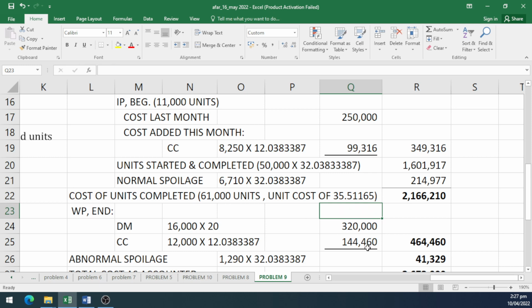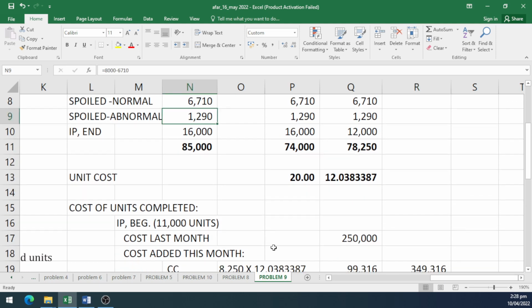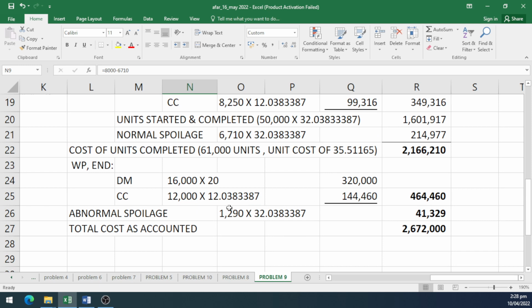Then the cost of work in process end: 16,000 times 20 for the materials, and for the conversion, 12,000 times 12.03833387, giving 464,460. The cost of abnormal spoilage, the 1,290 units, has complete cost, with materials and conversion.